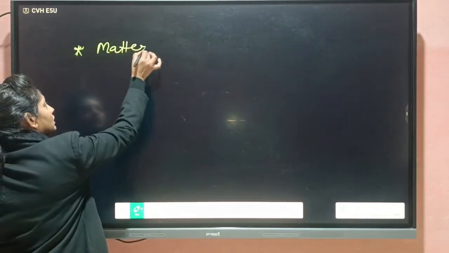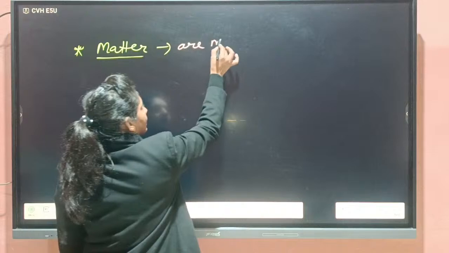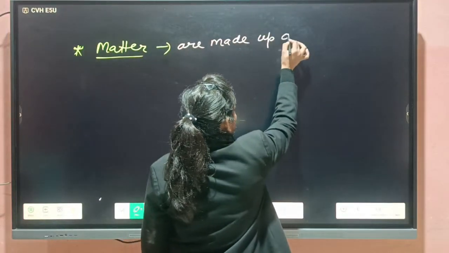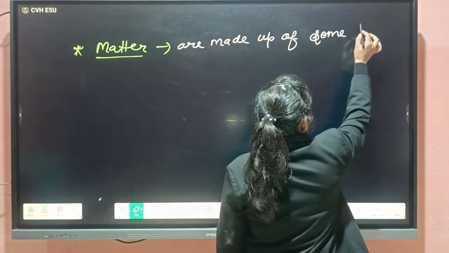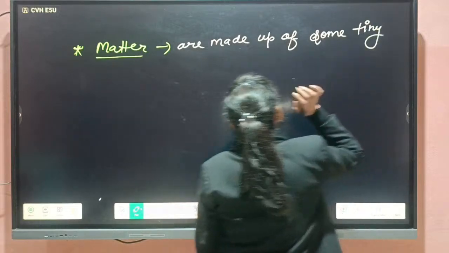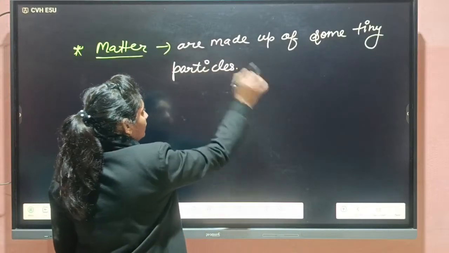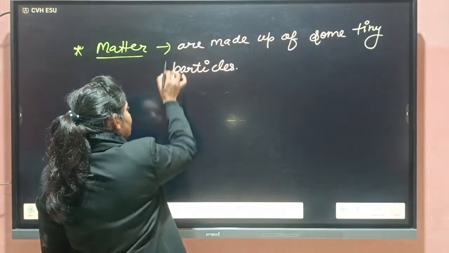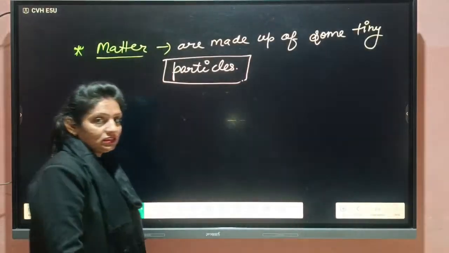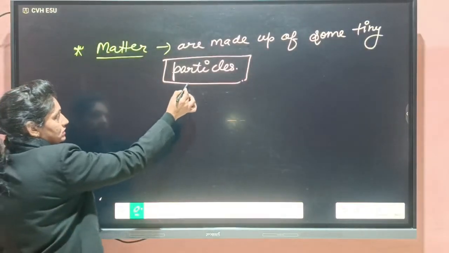Matter is made up of tiny particles, and these particles have some characteristics. So now we will discuss the characteristics of these particles.